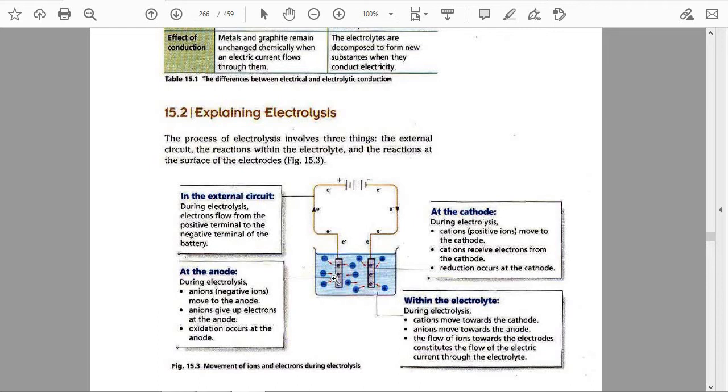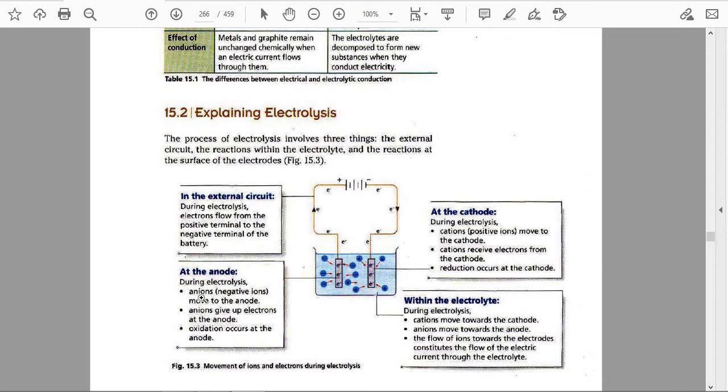When you have a positive electrode, of course it will attract the negative, because normally positive and negative attract. If the same charges, positive and positive, they will repel. So this one is positive, so of course the negative will be attracted to the positive one.